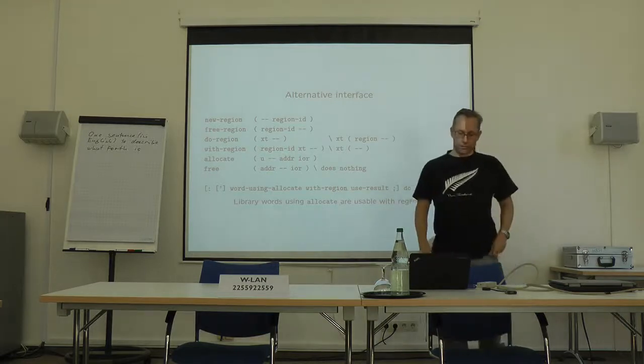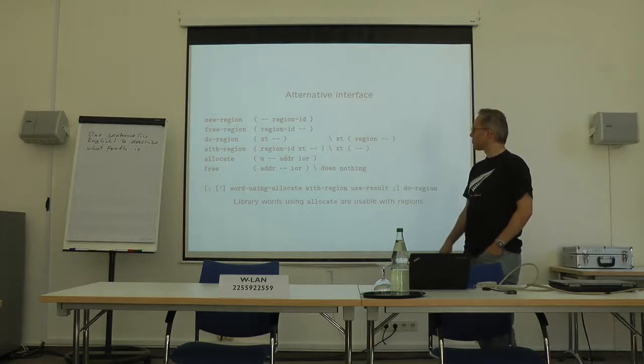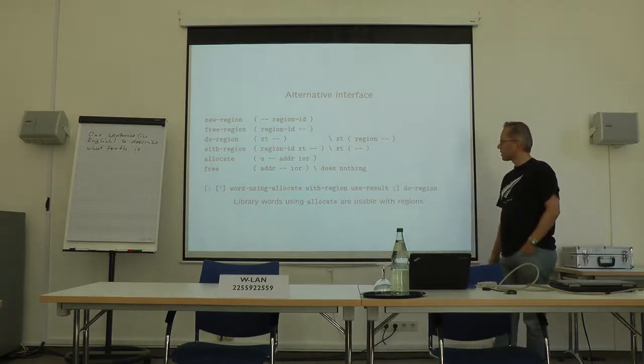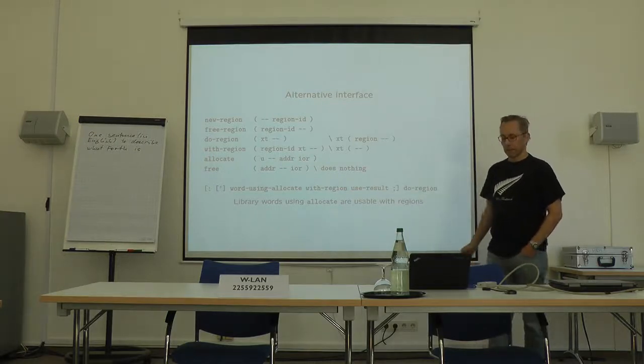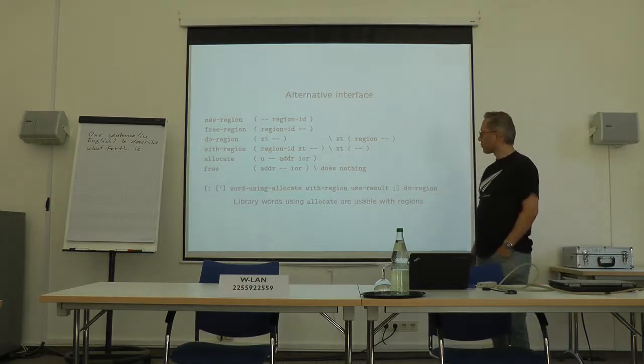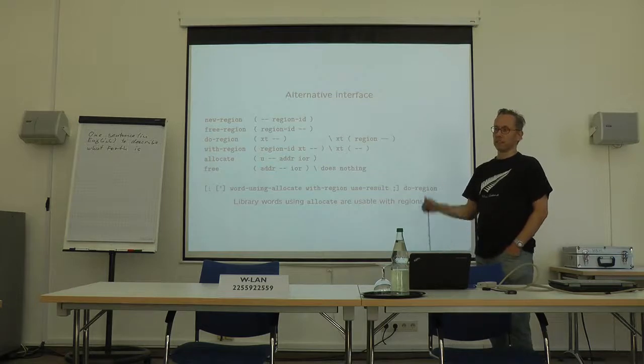So this would be one use of the new interface. Particularly you don't see it here, I'm preparing another talk about strings where it's more clearly visible. Basically, you don't have to pass the region explicitly to allocate. That's the main benefit of this new interface.